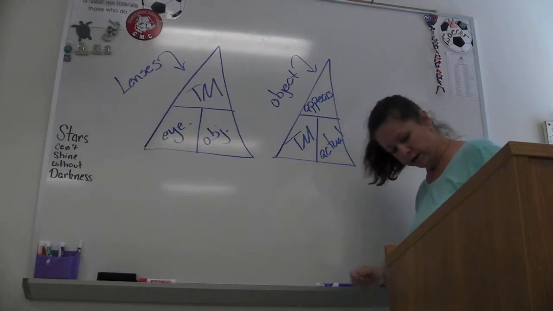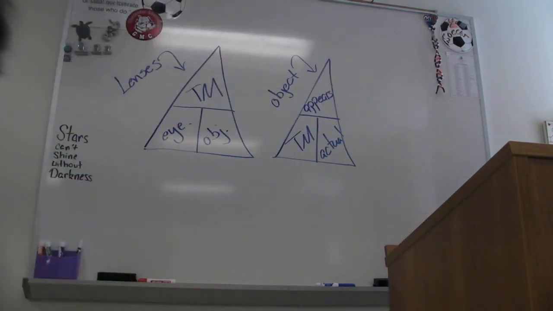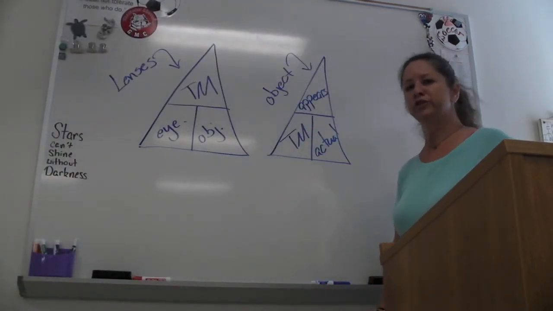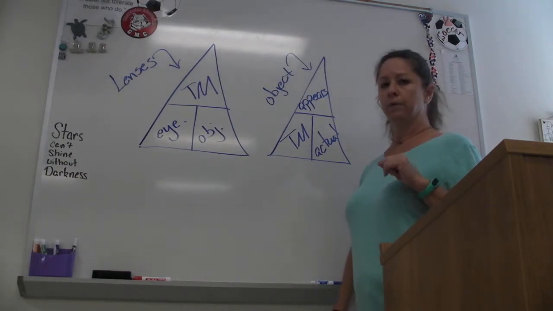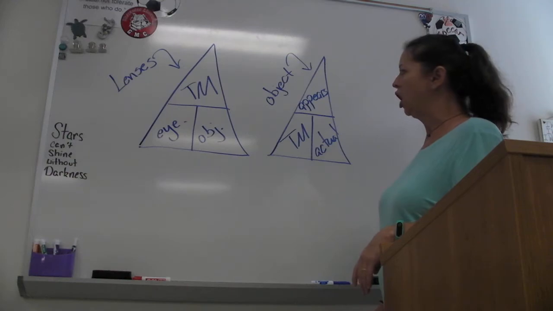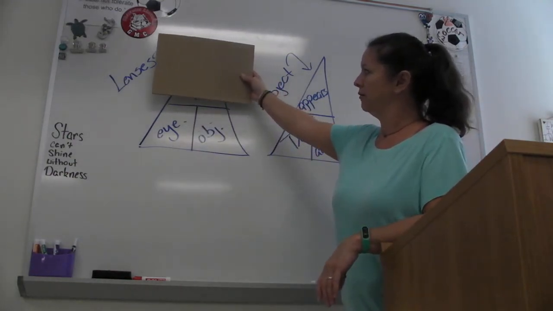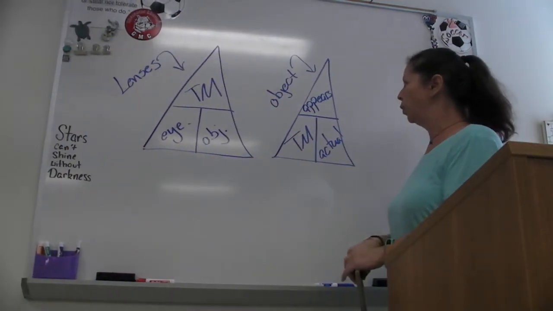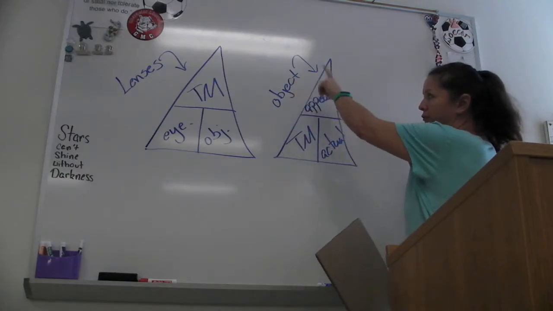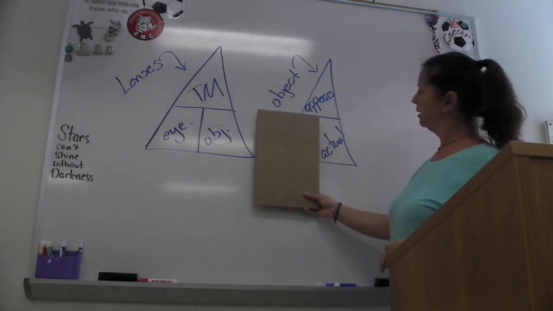Now how this works, and this is the neat part, you never have to manipulate that formula. What you're going to do is cover up what you're solving for. So if you need to solve for total magnification, cover it up. And it's eyepiece times objective. Or if you're solving for the size of the object, for total magnification, cover it up.